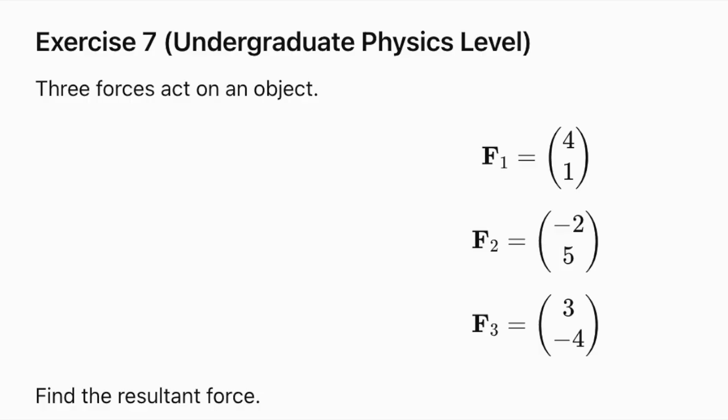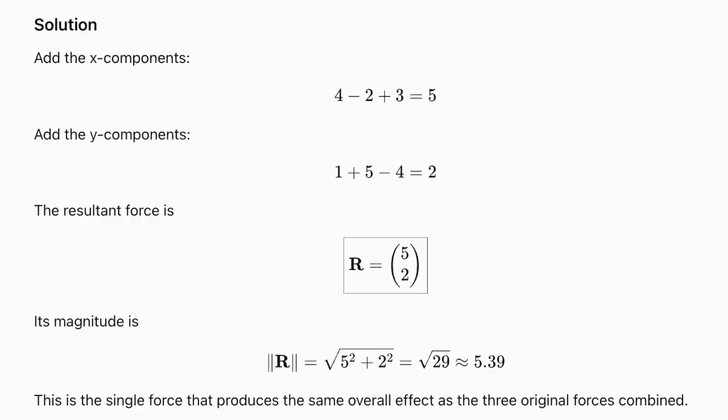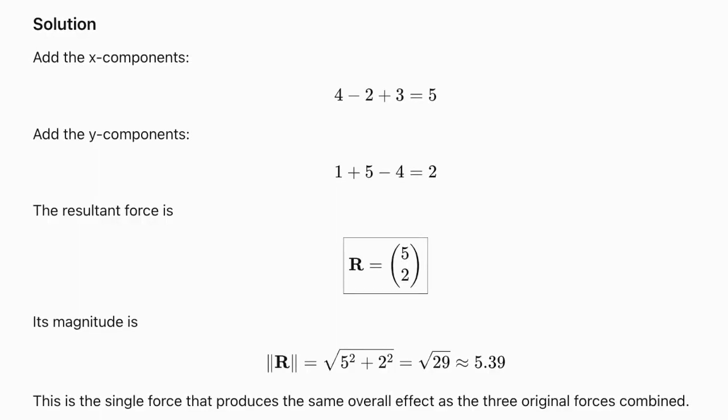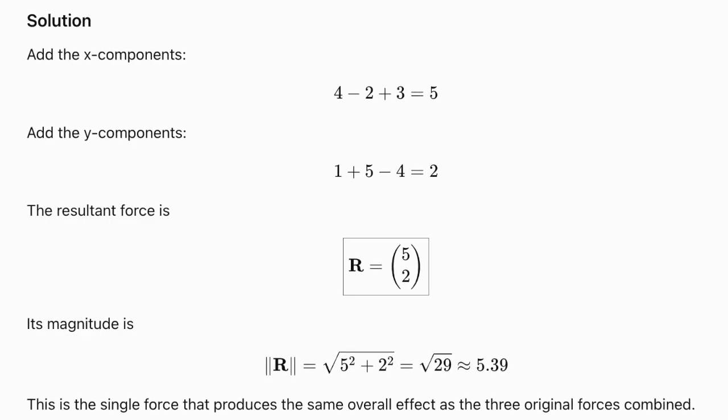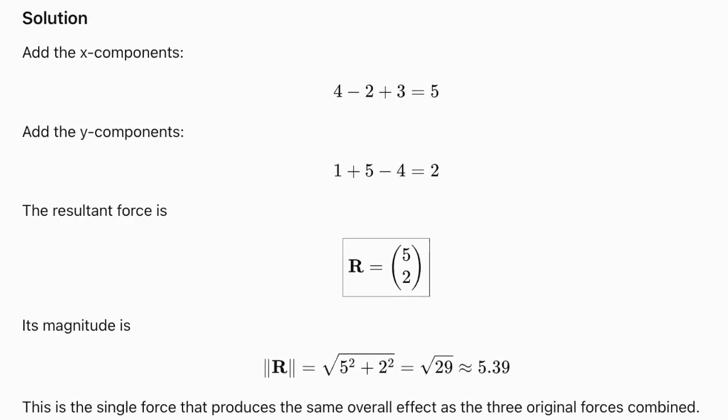Exercise 7. Three forces act on an object. Force 1: (4, 1). Force 2: (-2, 5). Force 3: (3, -4). Find the resultant force. Solution. Add the x components: 4 minus 2 plus 3 equals 5. Add the y components: 1 plus 5 minus 4 equals 2.